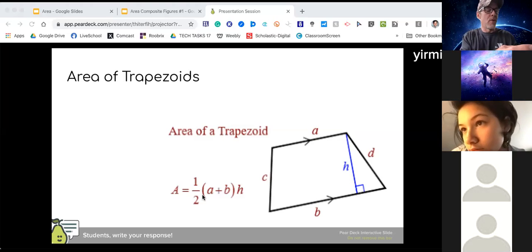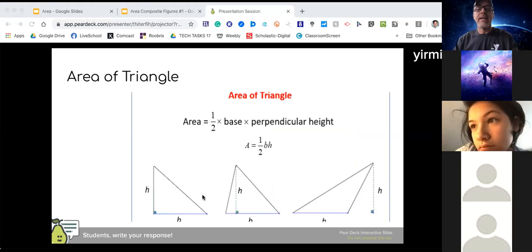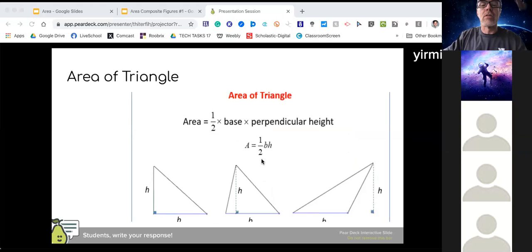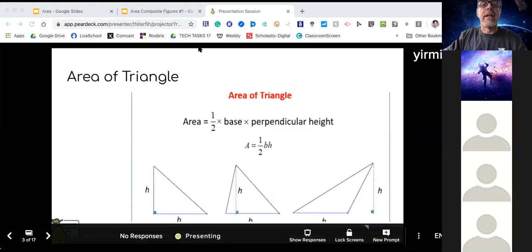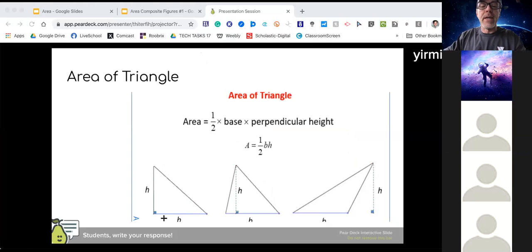Okay, so moving on. All right, area of a triangle. I do want to spend a moment on this because I don't know if we talked a lot about it. When you're talking about the area of a triangle, it's always going to be the base. These are bases, right?